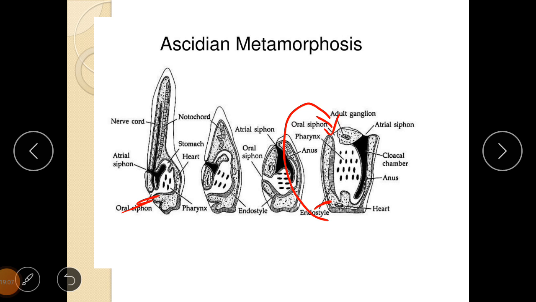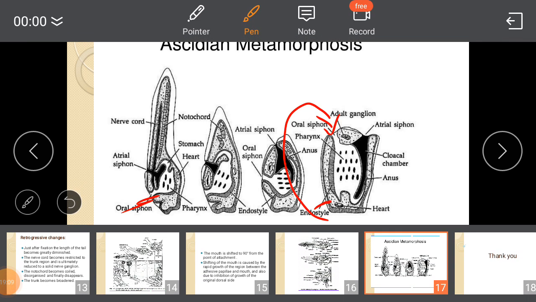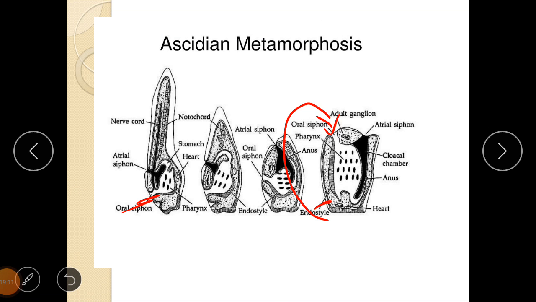So this is what we call retrogressive metamorphosis. From the exam point of view, this concept is very important, and that's all for retrogressive metamorphosis.